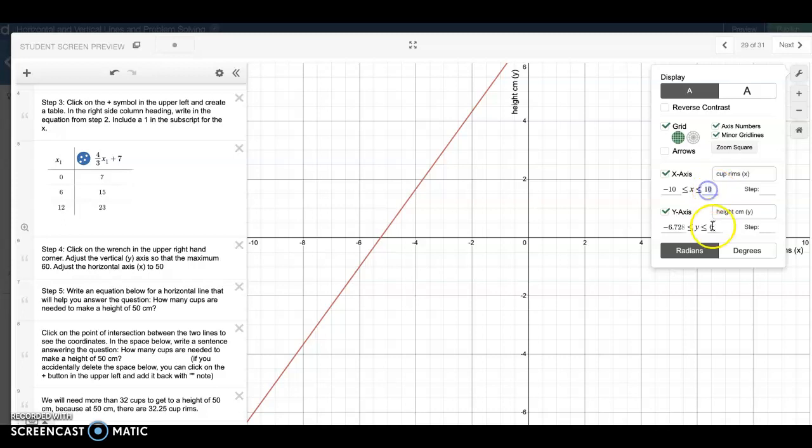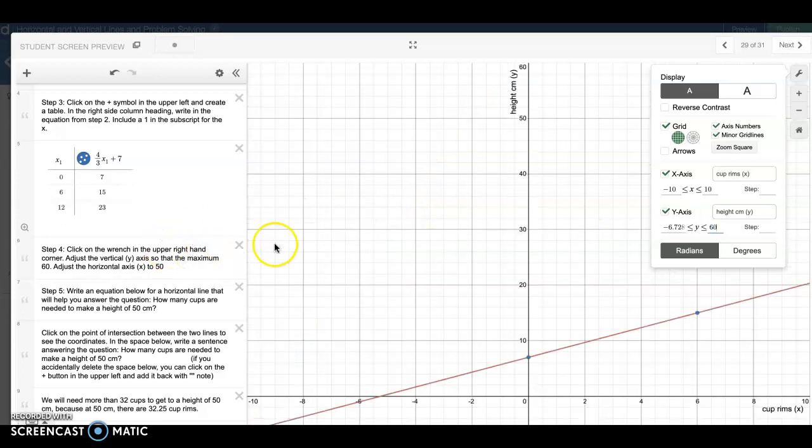So let's first think about this. If I change this vertical axis to 60, well, that's slightly above the height that I want to be solving this problem for, which is 50 centimeters, and that's nicely on this graph and visible.